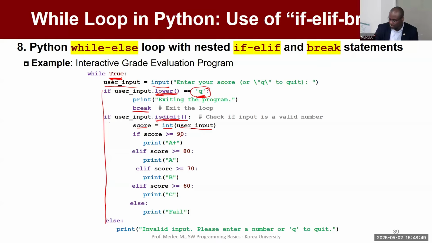If it's greater than or equal to 90, it will be A plus. If it's between 90 and 80, it will be A. If it's between 80 and 70, it will be B. If it's between 70 and 60, it will be C. Otherwise, it will be fail. And when the user adds this key Q, we will quit, and otherwise print the message invalid inputs.